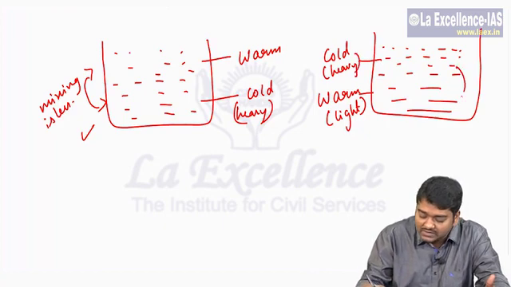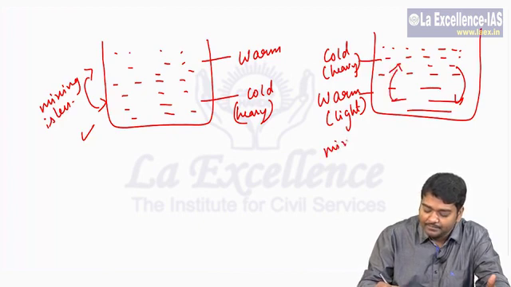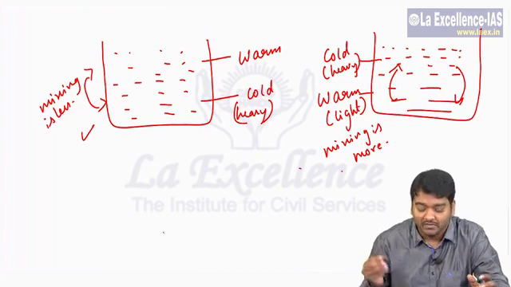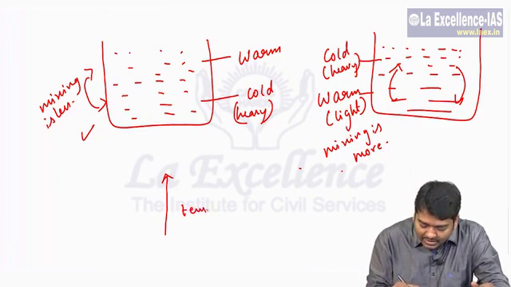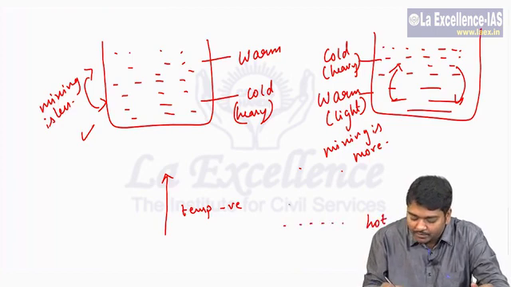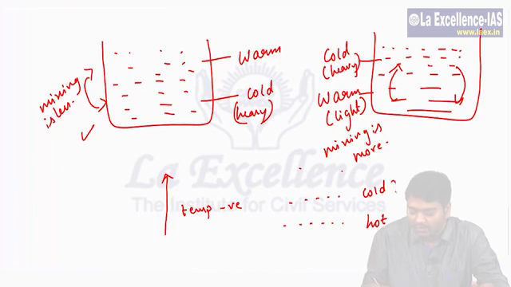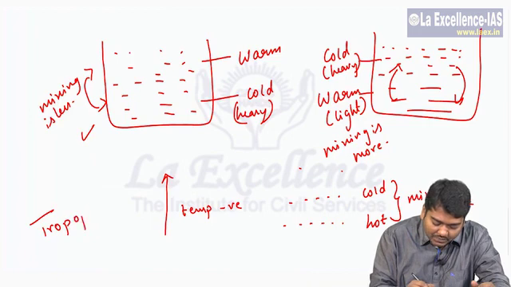So usually what happens? Cold will come down, warm will move up. So here mixing is more. So what did we understand? We understood that with increasing height, if temperature decreases, that is, hot is below and cold is above, then mixing or circulation is more. This is the phenomenon that we usually observe in the lower atmosphere or troposphere.